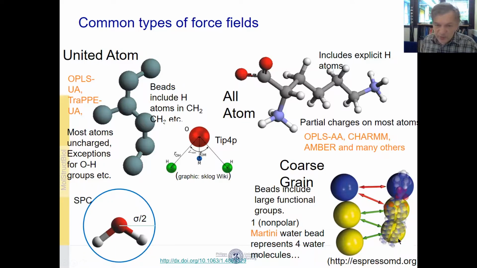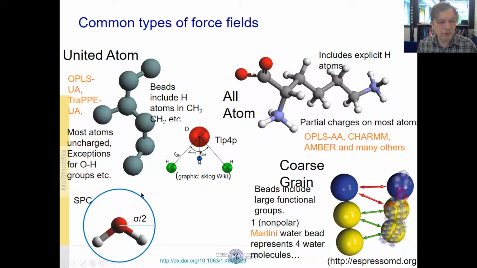One of the famous water types is the so-called TIP4P water molecule, which is defined by 3 atom types, by a central point, where they are centered, by some distance for the oxygen, hydrogen, partial charges, etc.